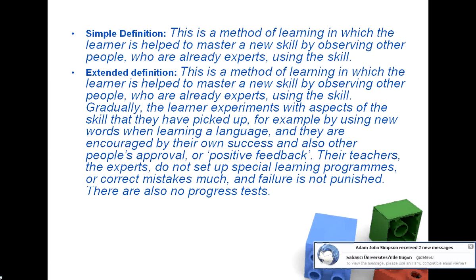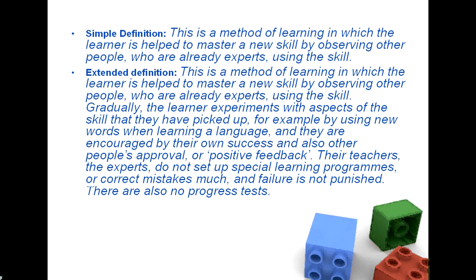Their teachers, the experts, do not set up special learning programs or correct mistakes much, and failure is not punished. There are also no progress tests. What strategies has the writer used to extend her definition?